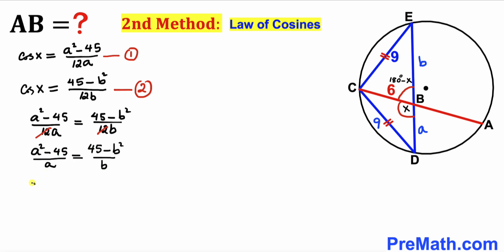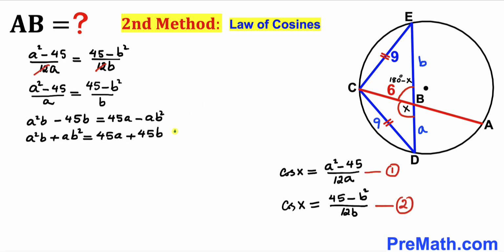So therefore we are going to get a squared b minus 45 times b equal to 45 a minus a b squared. Now let's go ahead and move this a b squared to the left hand side. At the very same time I'm going to move this negative 45b to the right hand side, as you can see in this next step.